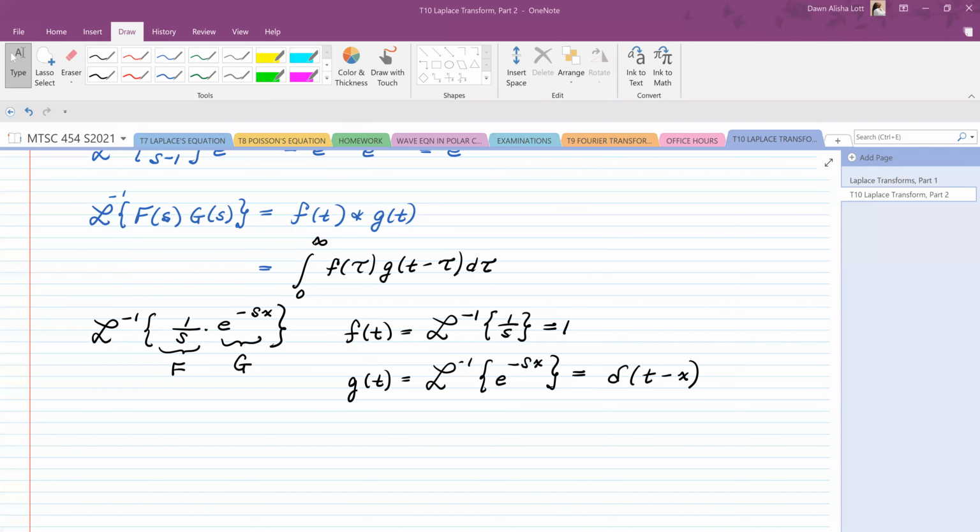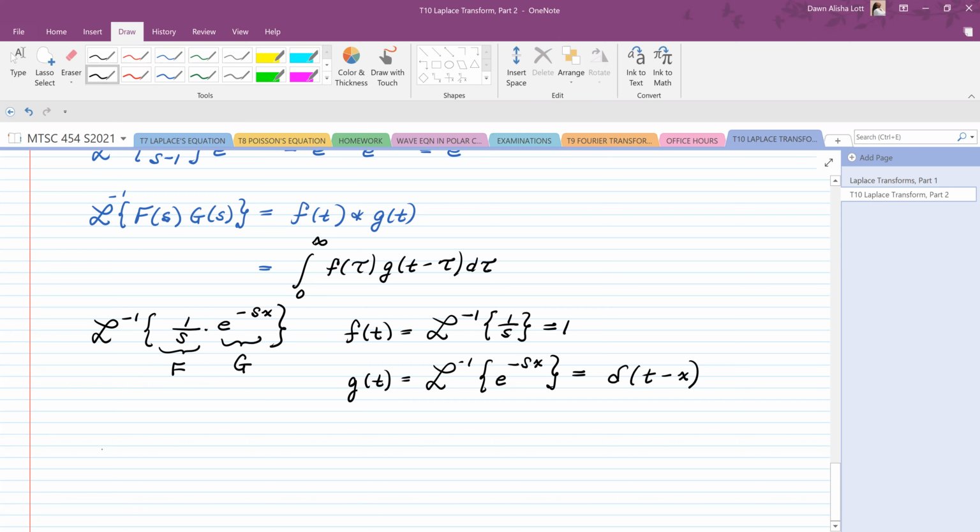The delta function is infinity at that point and 0 everywhere else. It's like a pulse when t is equal to x, and it's pretty much 0 everywhere else. So for this piece, it's just the convolution of that f with that g.